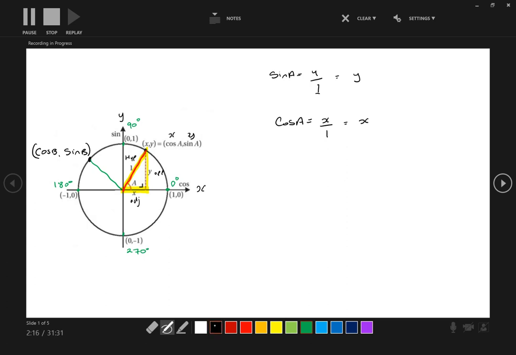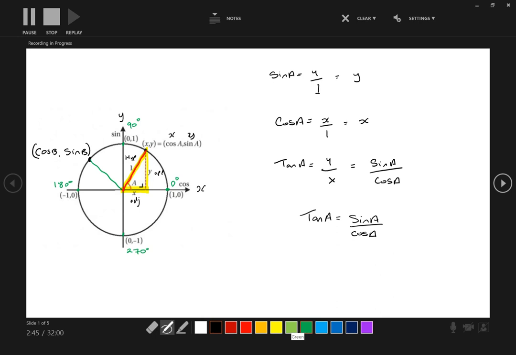If I look at tan A, then tan A is equal to the opposite, which is y, over the adjacent, which is x. Now I know that y is sine A and x is cos A. So we define tan A as sine A over cos A, and this will become quite important.